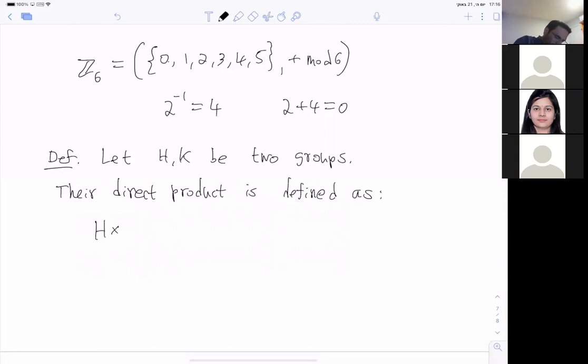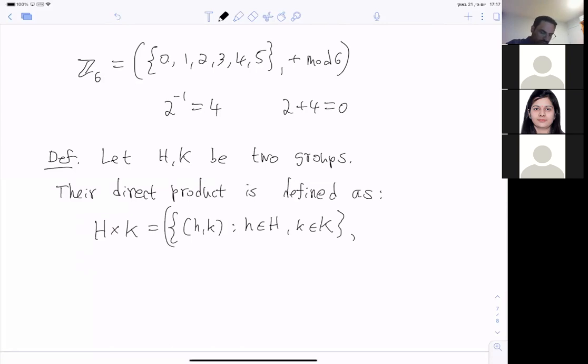We write it like this. And it contains all pairs such that the first component belongs to H and the second to K. Together, it's a group, with the operation of H in the first component and the operation of K in the second.